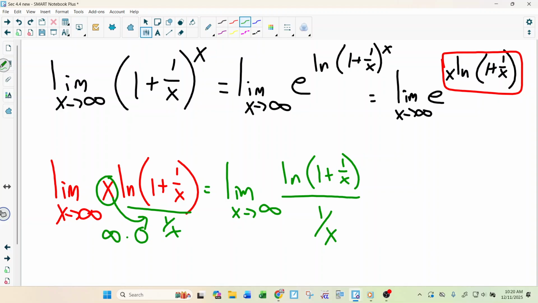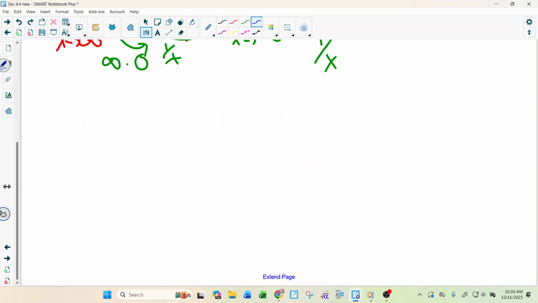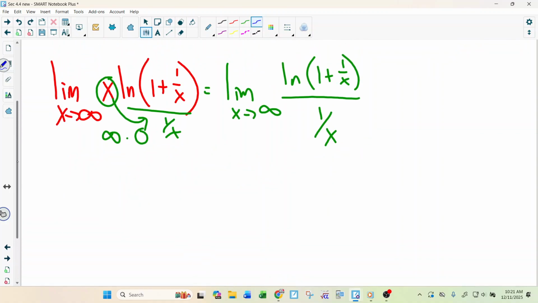So I now have 0 over 0. Now we're ready to do L'Hopital's rule. First, you take the derivative of the top and of the bottom.